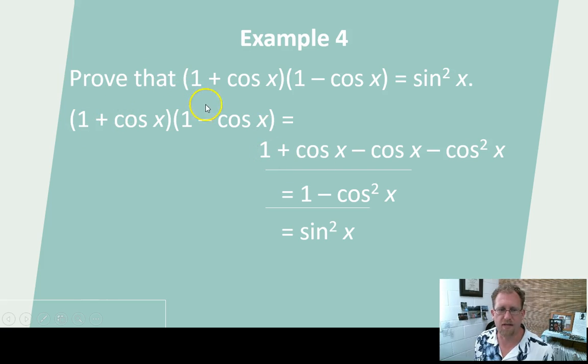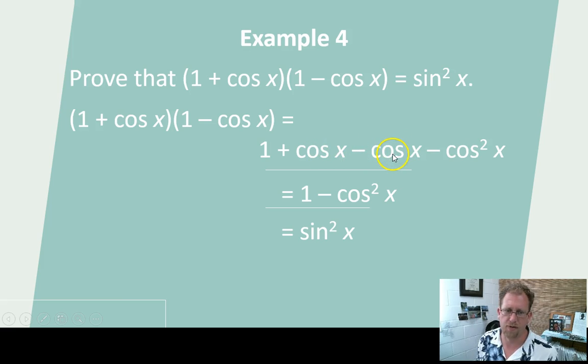1 times the negative cosine of x is negative cosine of x. Cosine of x times 1 is cosine of x. And cosine of x times the negative cosine of x is minus cosine squared x. There it is. Now I can simplify. Cosine of x minus the cosine of x is like 2 minus 2, so it cancels out.